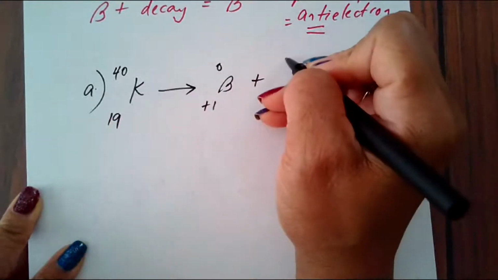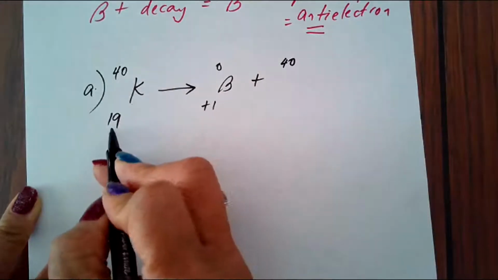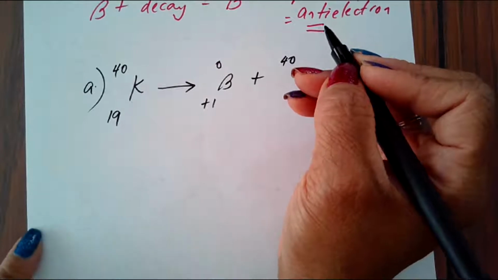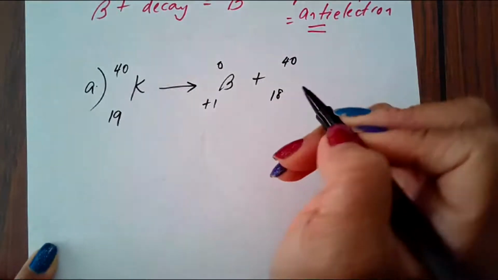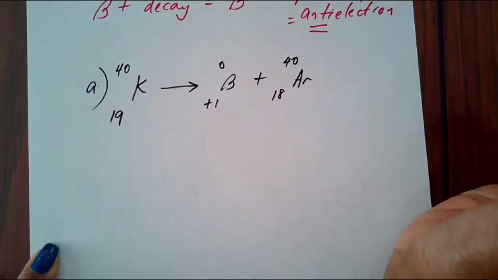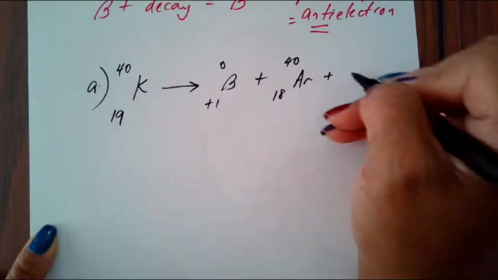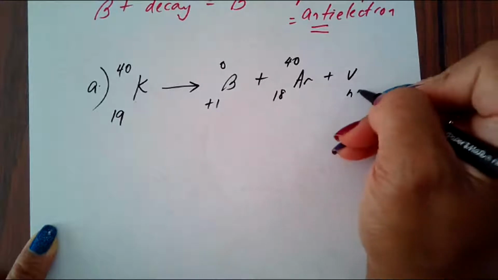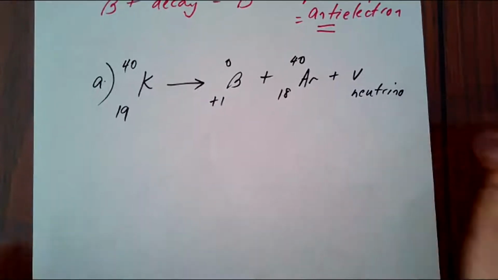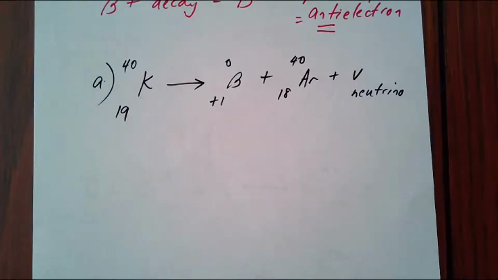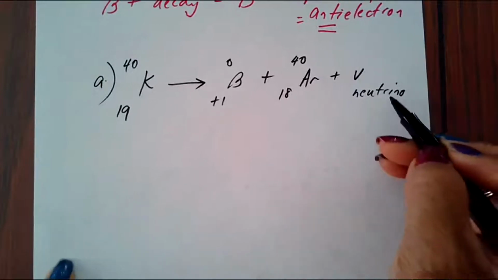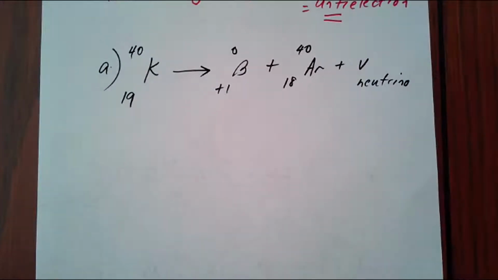So 40 take away 0, still 40. 19 take away 1 is 18, and number 18 is argon. It has become a noble gas, very stable. And what is produced here is a neutrino, not an antineutrino. An antineutrino is the antimatter of neutrino. It's written as a V with the bar at the top. Neutrino is just a letter V.